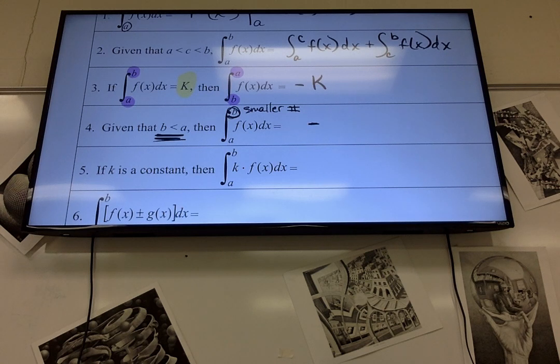It would be the negative. Again, we're just flipping the signs. Those two really are very similar, if not the same. It just depends on how you think about it.